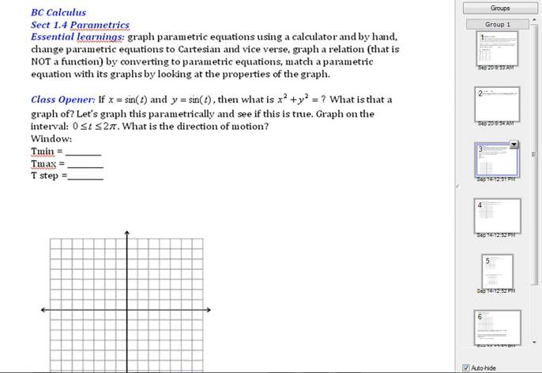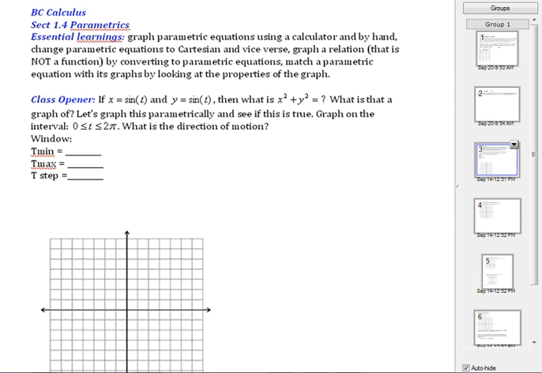Okay, ready? Our essential learnings are the 2-day assignment. You look at your assignment sheet, we spend 2 days on this. Then we get into review. So Wednesday's a homework quiz, but not including parametrics. Okay, so we have a homework quiz on Wednesday.